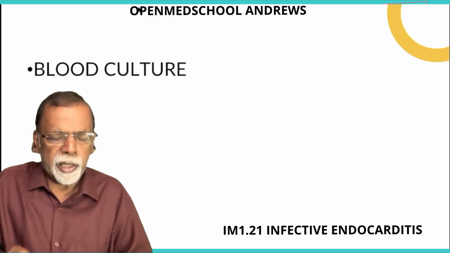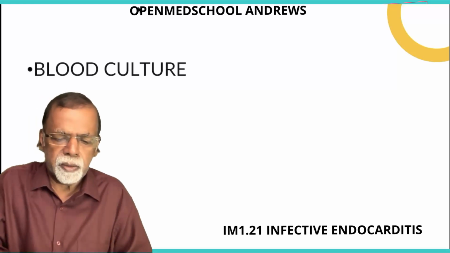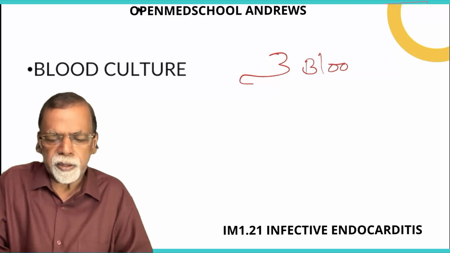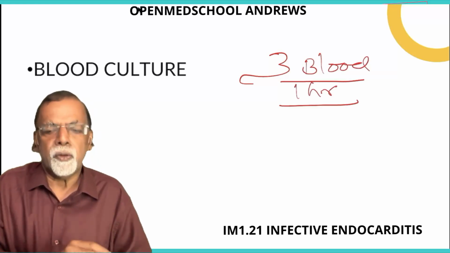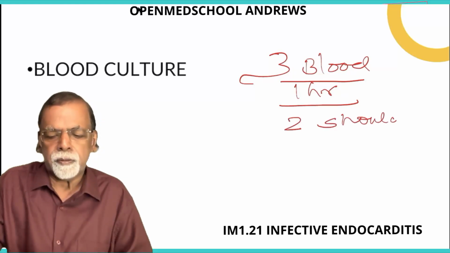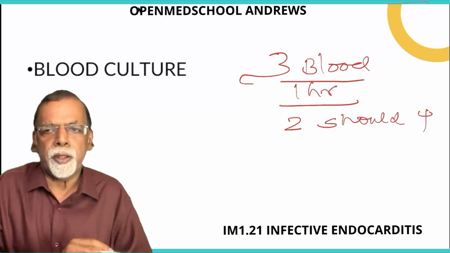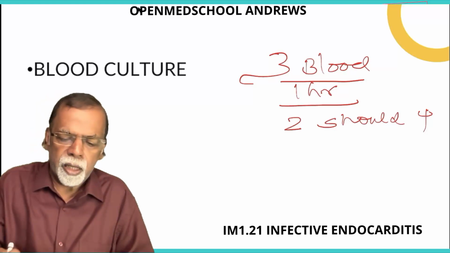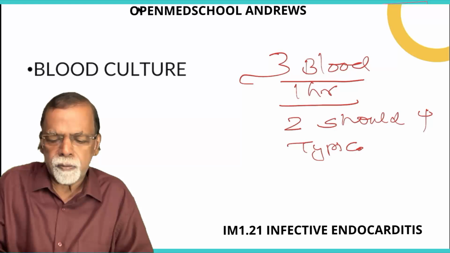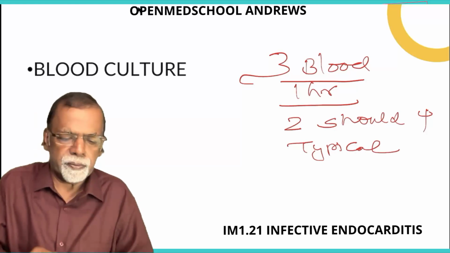The blood culture should be taken minimum three blood cultures, at least one hour apart, of which two should be positive. Then only you can take it as a major criterion. And you should find typical organisms that cause endocarditis.